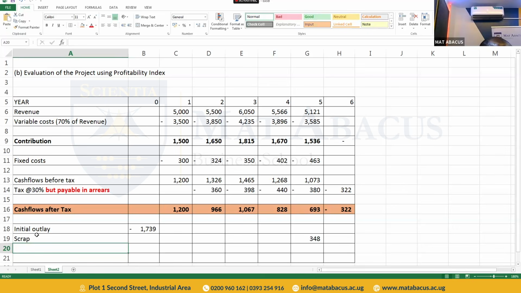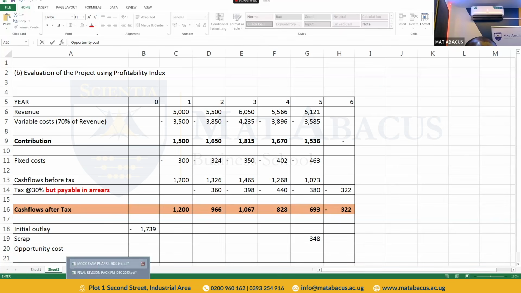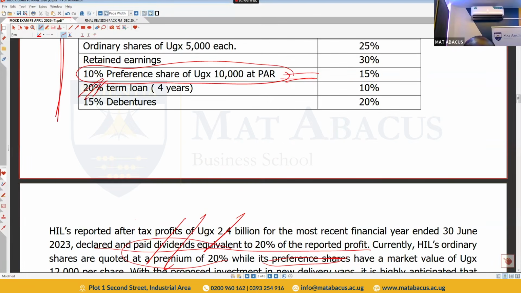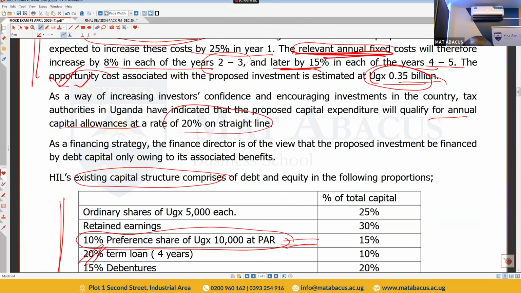Then after that, you'll bring your tax relief. There was opportunity cost. The opportunity cost, if we go and read the case, is 0.35 billion.